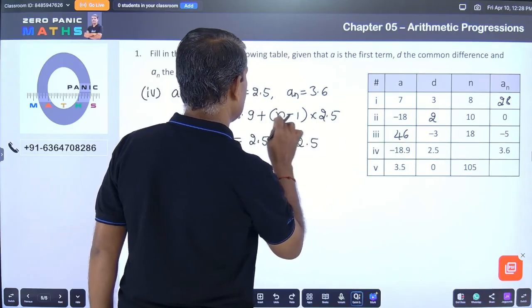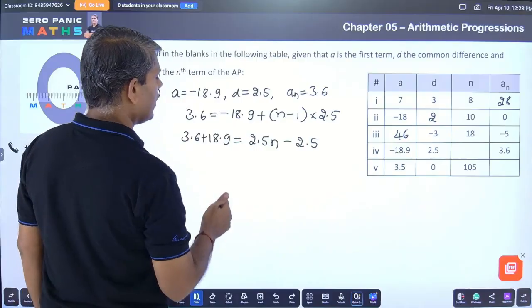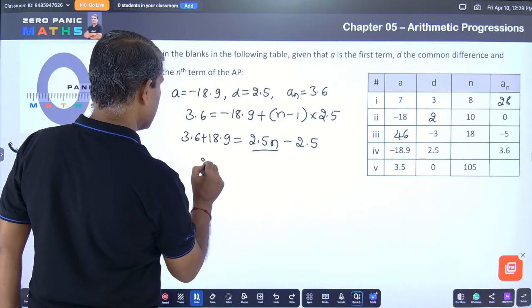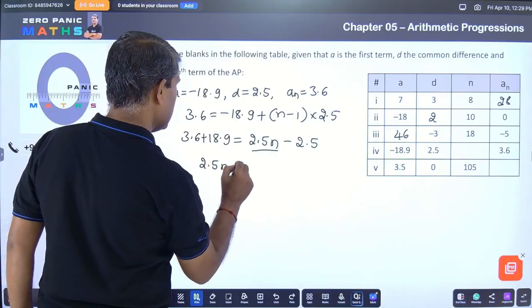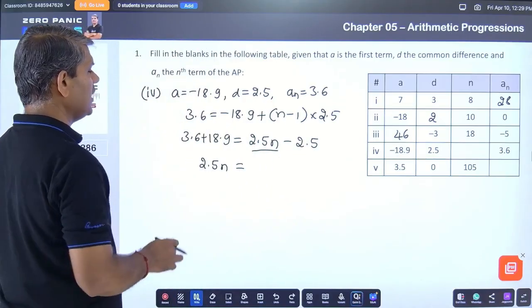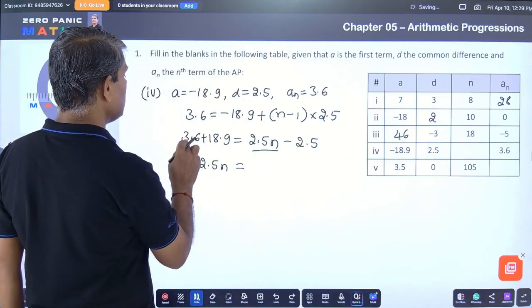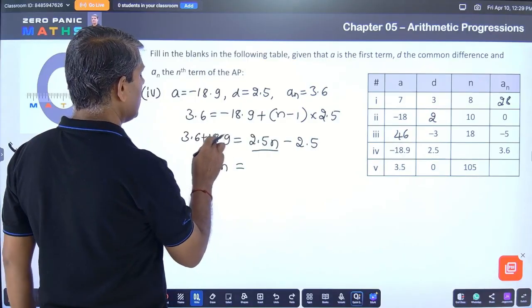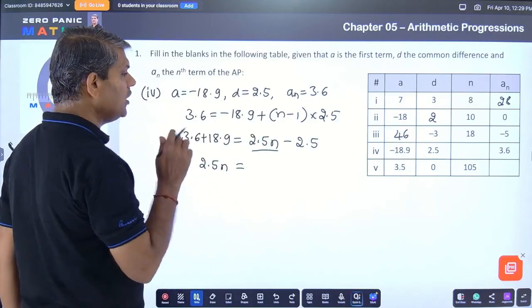Now let us write 2.5n on the left side and take minus 2.5 to the right side. So first of all, add 18.9 and 3.6, which is 22.5, right?